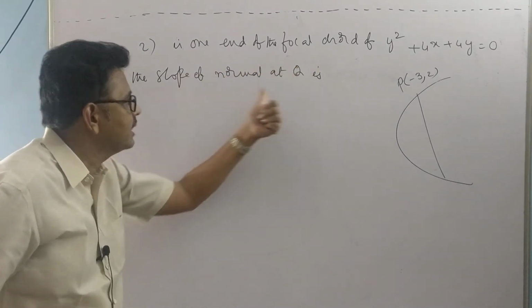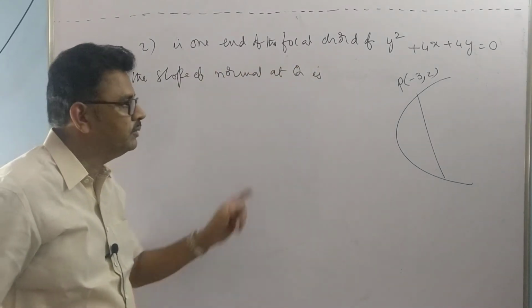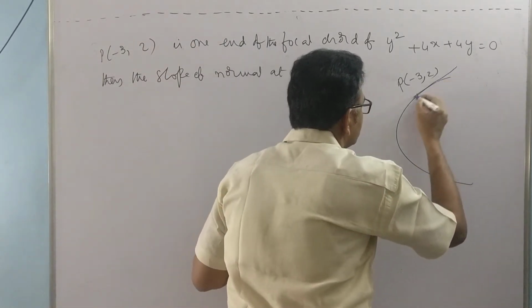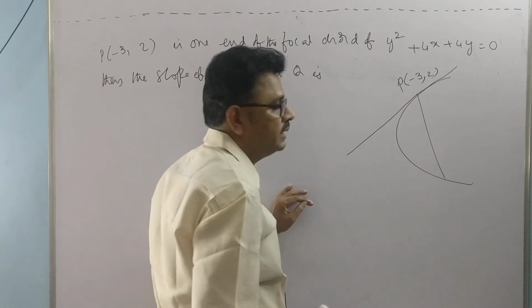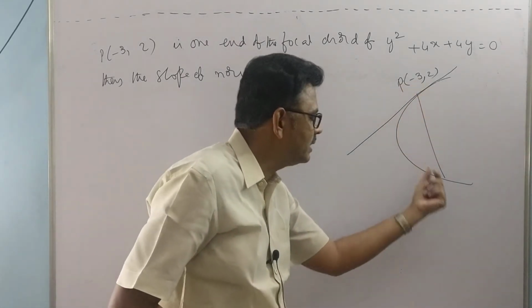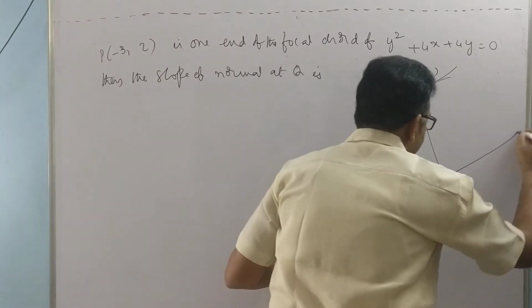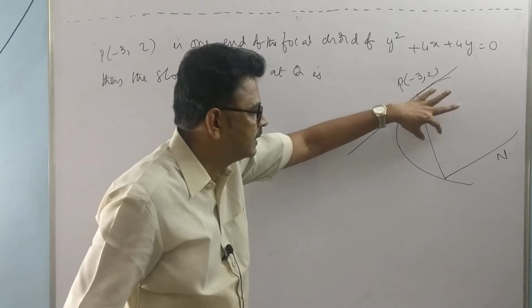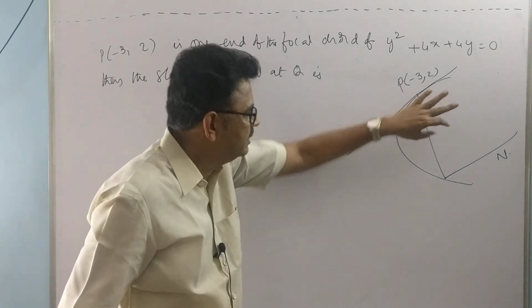Now the slope of the normal at the point Q. We have a property: the tangent at one end of the focal chord of a parabola is parallel to the normal at the other end.